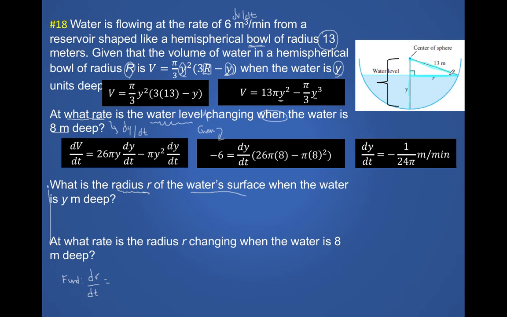So since that's the little r I want, this is a height I don't really care about, but it's in a triangle that will get me little r. What do you know about this height? Isn't this whole height 13? And this y is the height of the water level. So what is this little piece here? Isn't this little piece 13 minus y? And now can't I just Pythagoras?